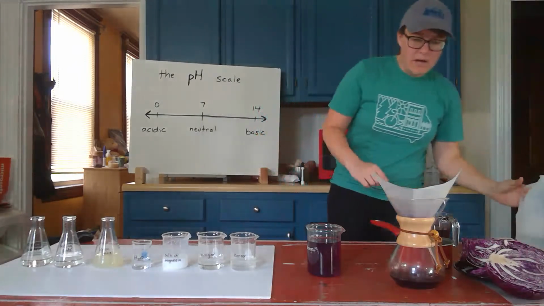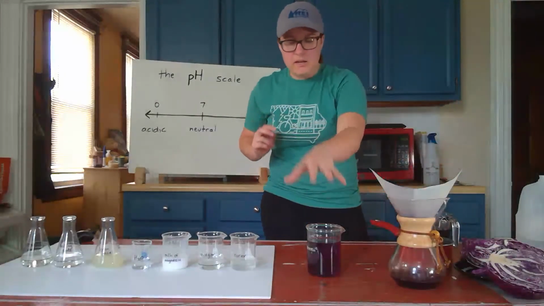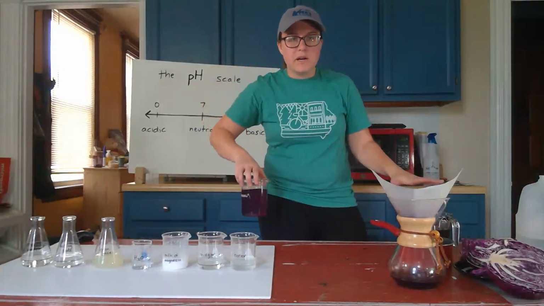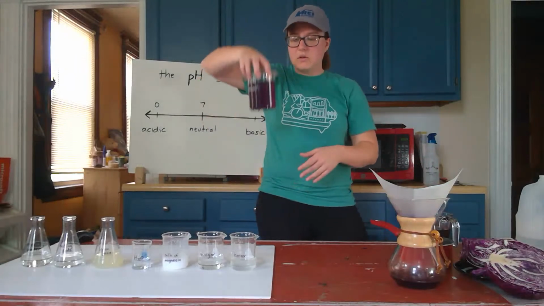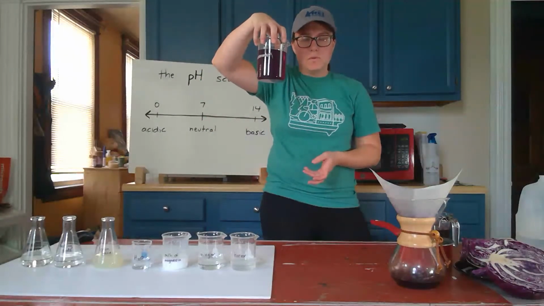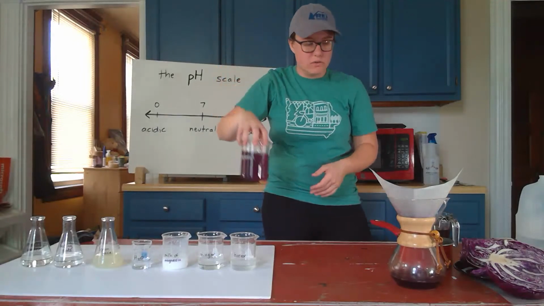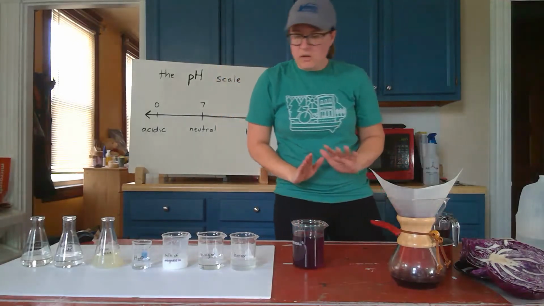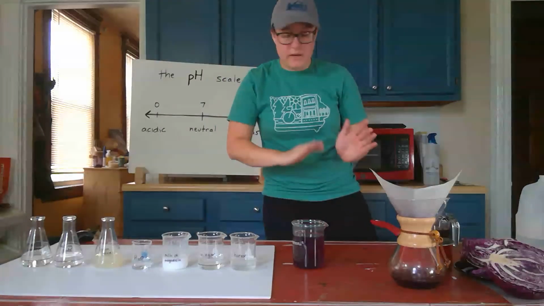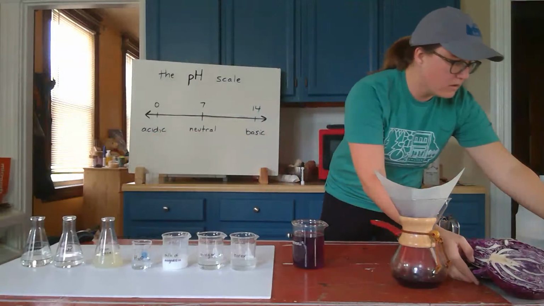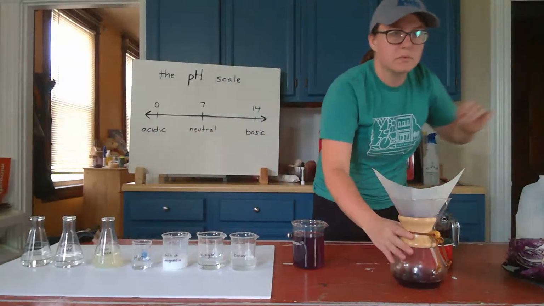So I've got my indicator solution, and I actually diluted this a little bit. Once I collected mine from my filter, I added a little bit more water, and it was still a bright enough color, so we went ahead and used that. And now we're going to test some of our substances. I'm going to set all this stuff off to the side so I have a little bit more room.